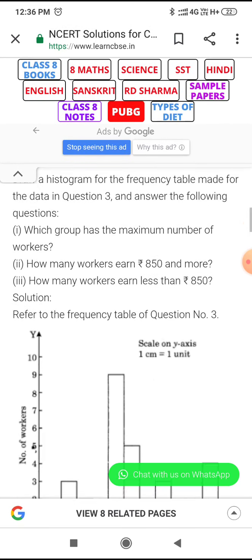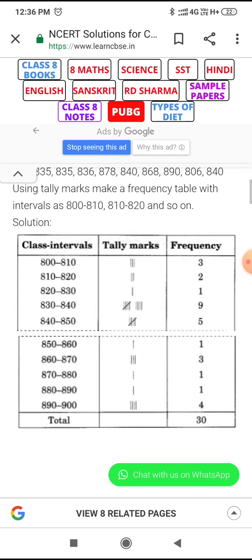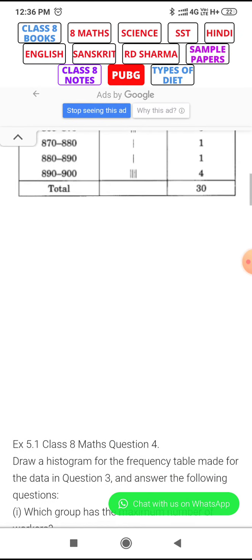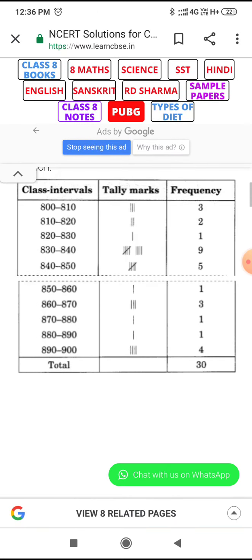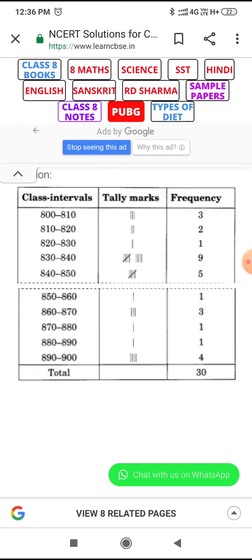So in our last table, 3 workers fall in the interval 800 to 810. So first we draw a bar whose height is 3 centimeters. In our next class interval, only 2 workers.